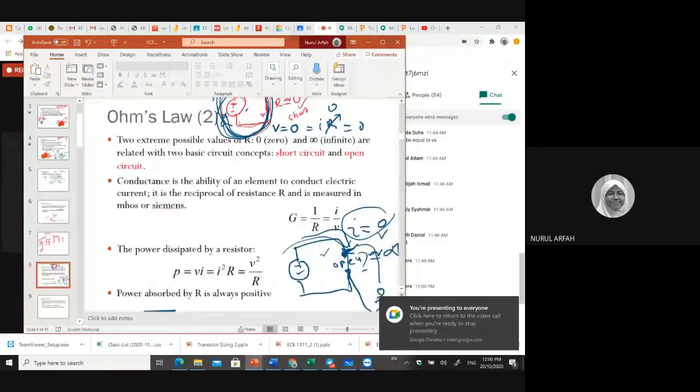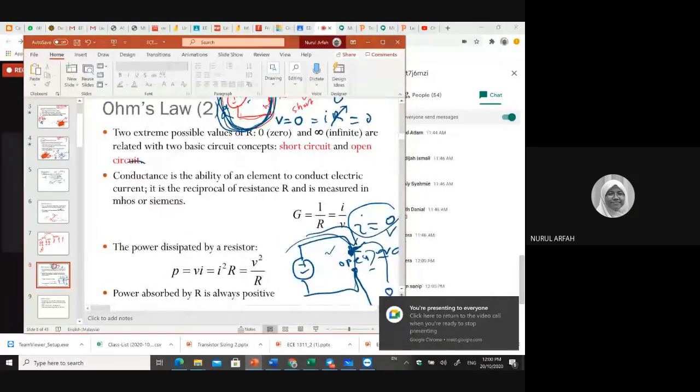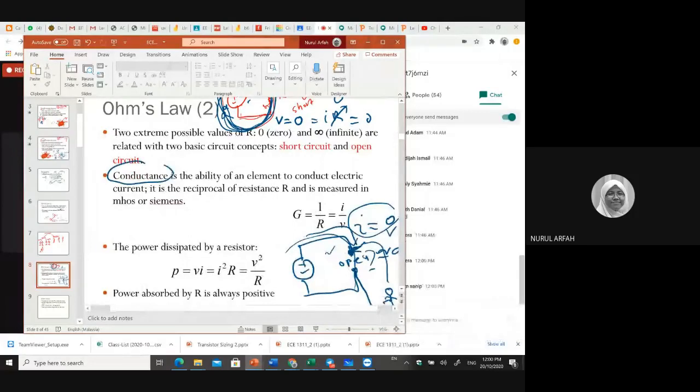All right. Now we have another thing. Maybe you're familiar with this, conductance. Conductance is the reciprocal of resistance. You just inverse the R, then you will get G. And for G, the unit, before that, we know that ohms is this, right? Ohms.